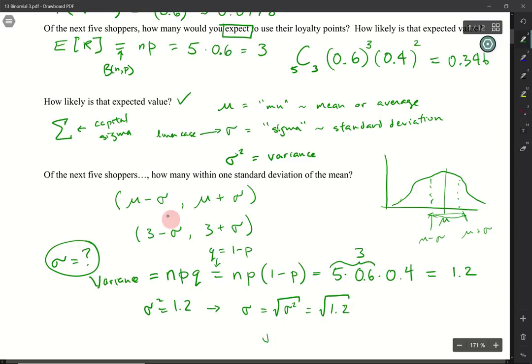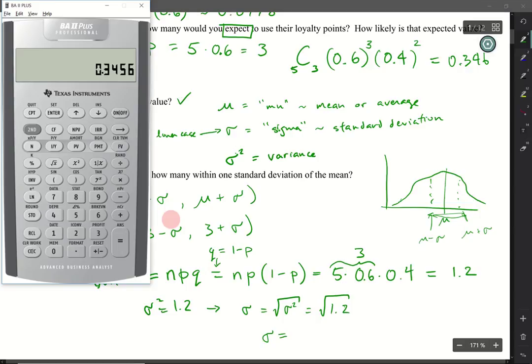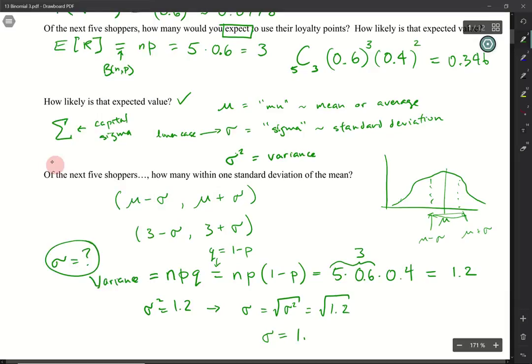So sigma is equal to 1.2, and then we take the square root. So it's 1.095. I guess I should say that's approximately equal to. And then we'll just call it, say, 1.1, basically.